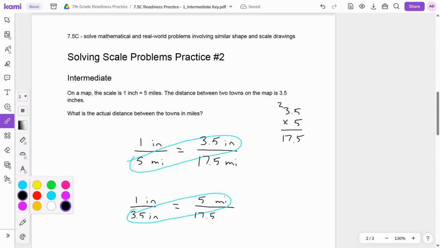And we know it's 17.5 because it would be 1 times whatever, right? Since I divide by 1, or multiply by 1, it's just going to be that 17.5. So the actual distance, and I'll put this in pink here, is going to be 17.5 miles.